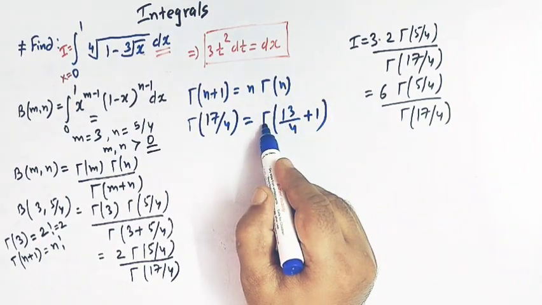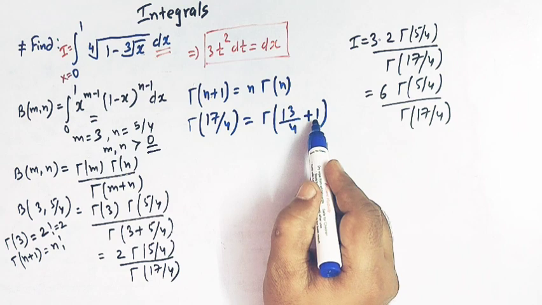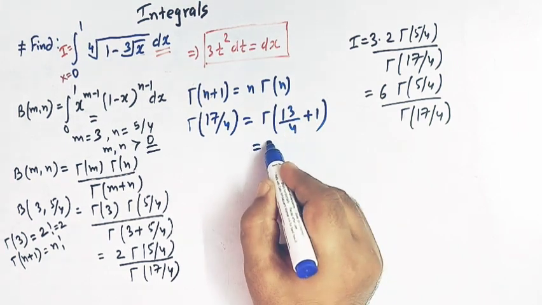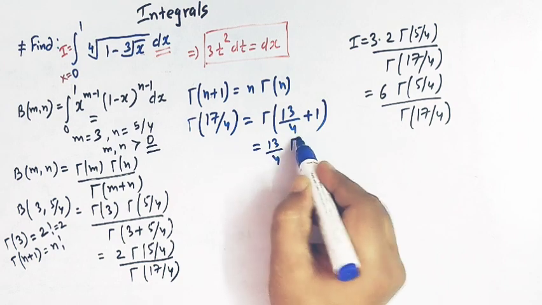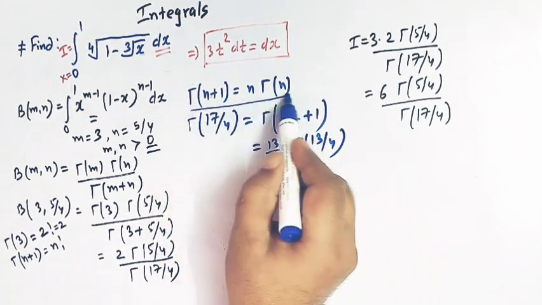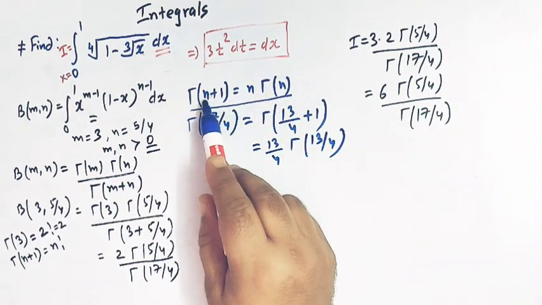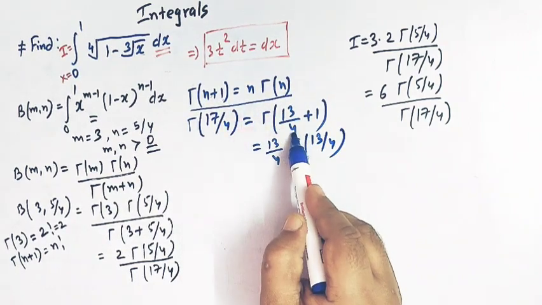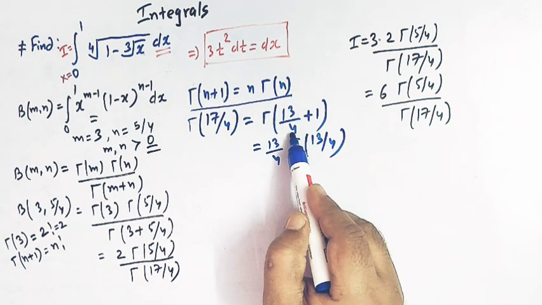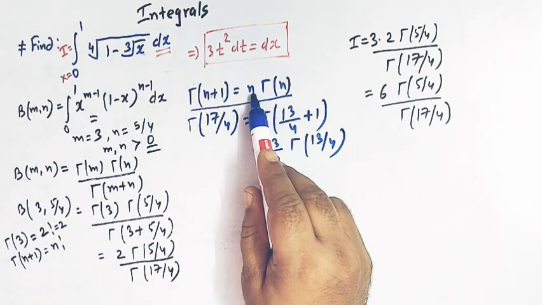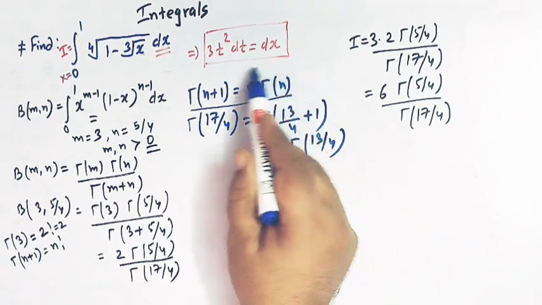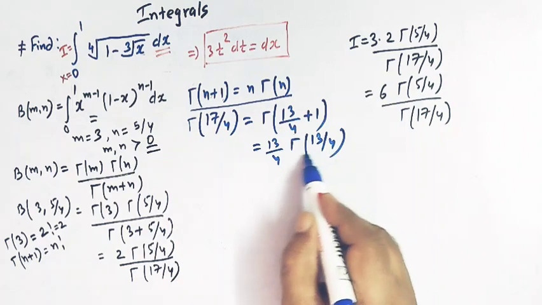So here we have gamma of 13/4 plus 1, which can be written as 13/4 gamma(13/4), right? So due to this result, because n plus 1 is 13/4 plus 1, the value of n is 13/4, and we have n times gamma(n). So we can apply this result successively to this term.